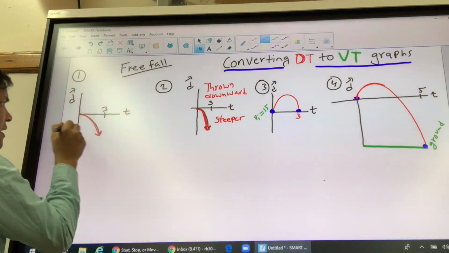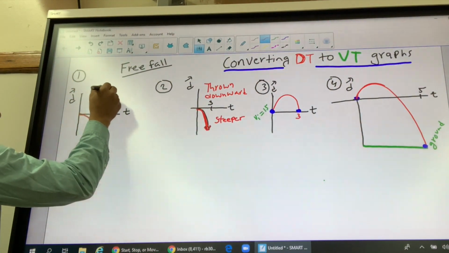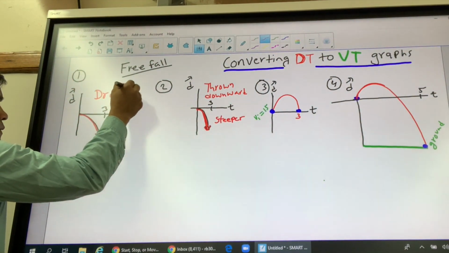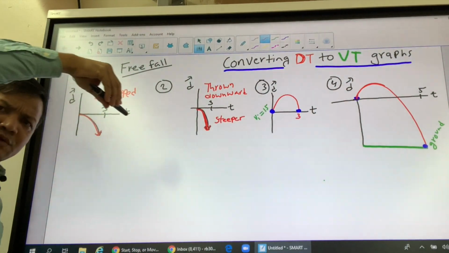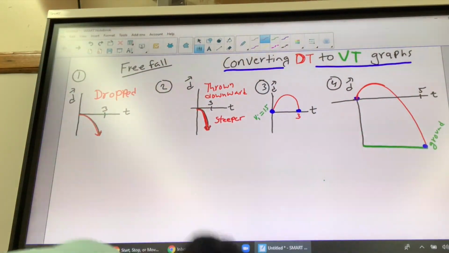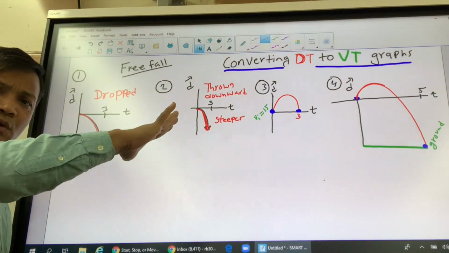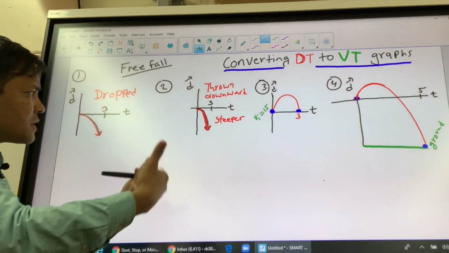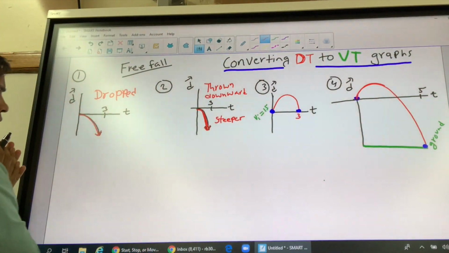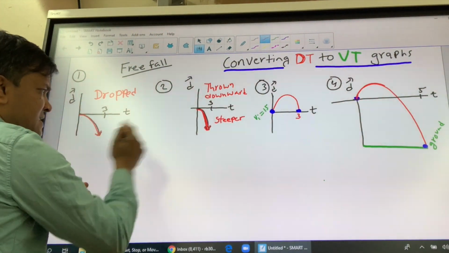And this must be dropped. This must be dropped, and this must be thrown down with some initial velocity, because this one is steeper.